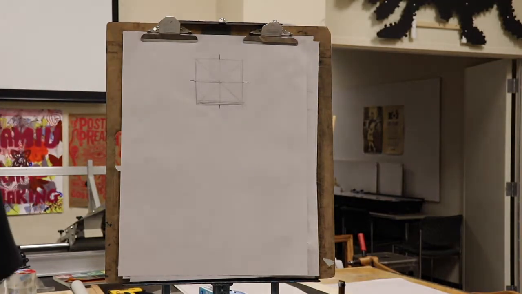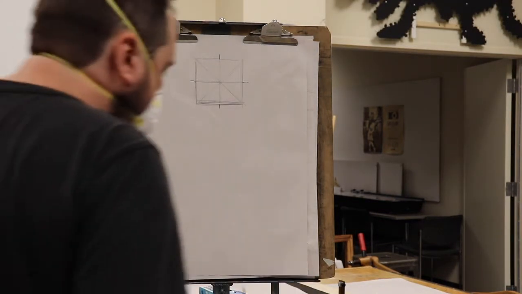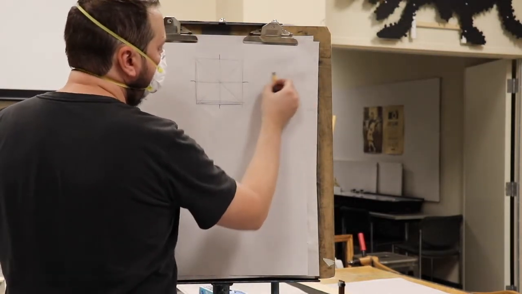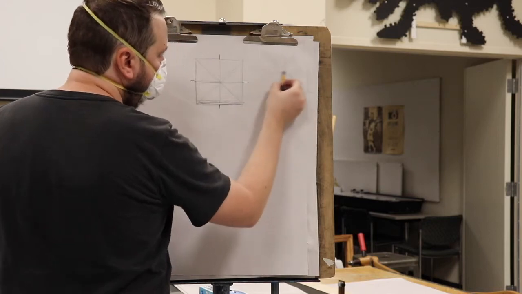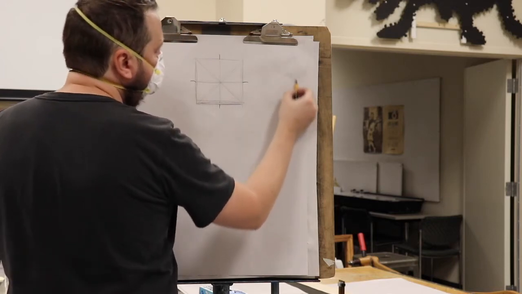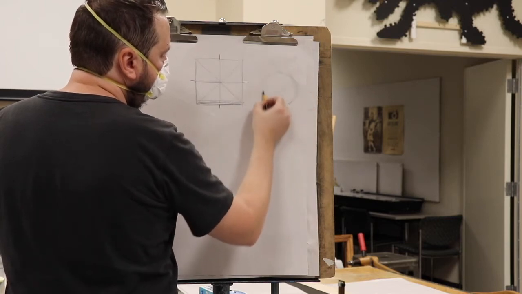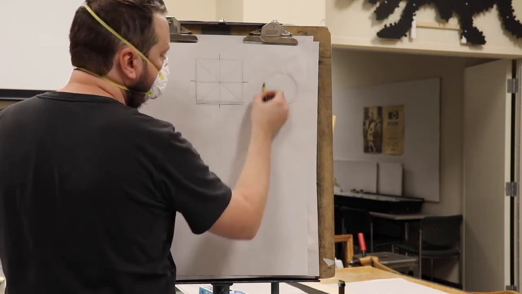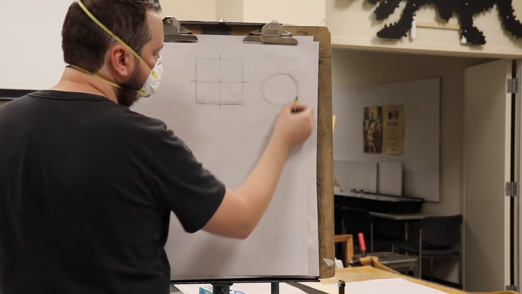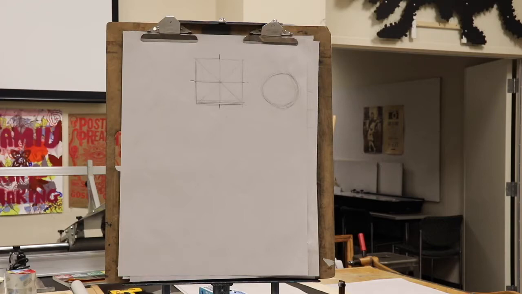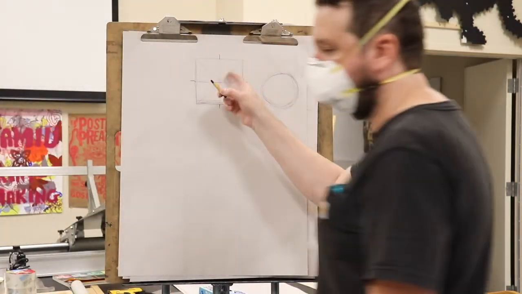Another thing I want to talk about before I do this: when you draw circles, get in the habit of drawing them real slow and finding the circle. It's very difficult to draw a perfect circle on the first try, right? You have to kind of find the circle. So let's put a circle in this square.